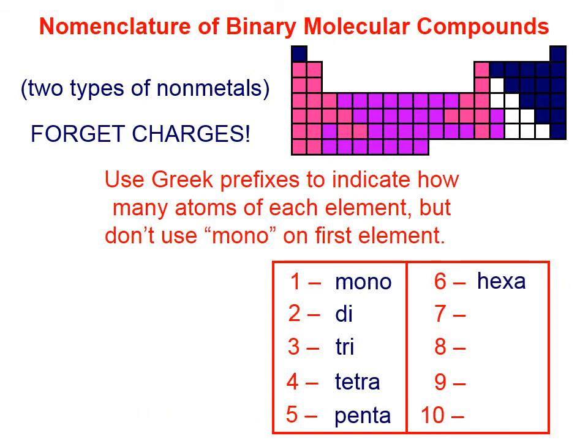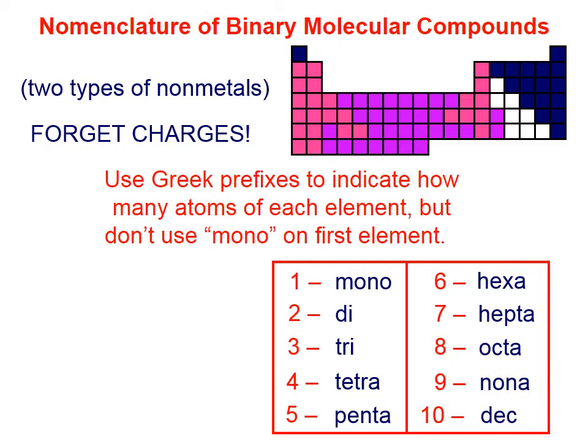But we never use the word mono on the first element. And we'll go through some examples of this. So you're going to want to memorize 1 through 10, the Greek prefixes. Mono refers to 1, di refers to 2, tri refers to 3, that should be a pretty easy one: triangle, tricycle, triceratops.